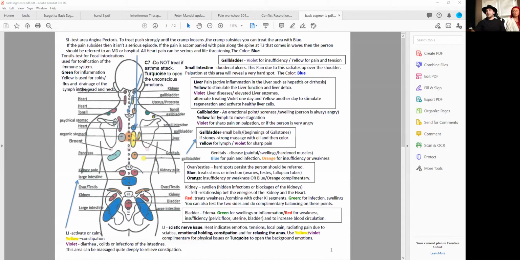We can see there's a lot of different organs in here, and what I want you to get from this is the balancing that is done on each of these different organ systems. The kidneys are tied to the root, and tied to the SI joint. So if you have a client who's having SI joint pain, you can check their kidneys and bladder. You can see glute pain and that kind of thing. It's below the top ridge of the hip, but you can see that show up as well.